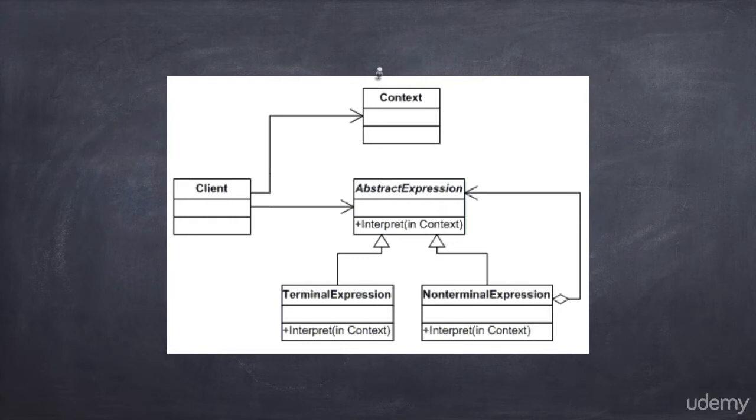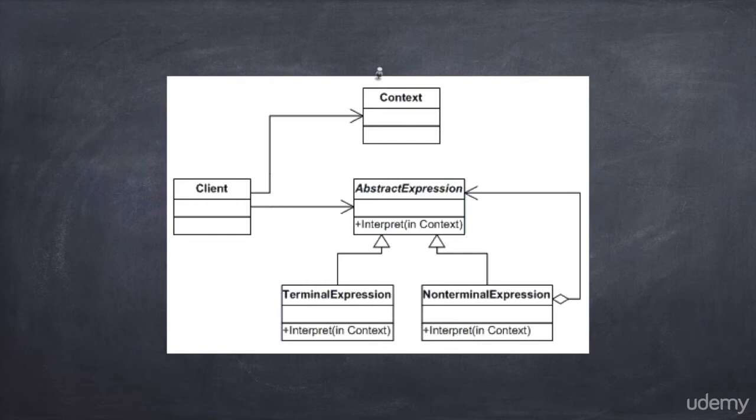Finally, we have the client class. It holds a reference to the language context and initializes an expression tree, which is a hierarchy of terminal and non-terminal expressions that define the syntax and grammar of the domain-specific language.